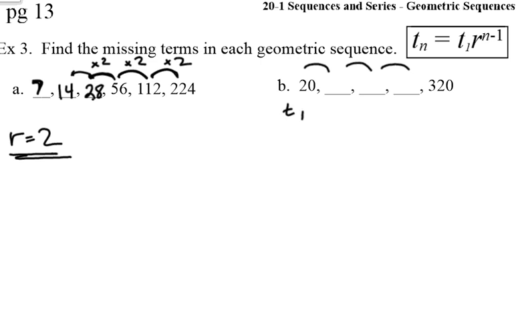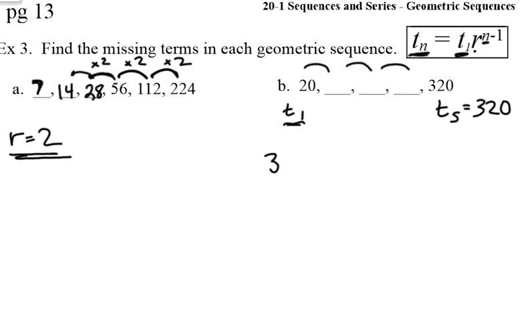Well, we know that term 1 is 20. We know that our T of n, or in this case, our fifth term, is 320. So now we can work because we know our T of n, or T5, we know term 1, and we know what n is because we know there's 5 terms. So we're going to calculate for R.